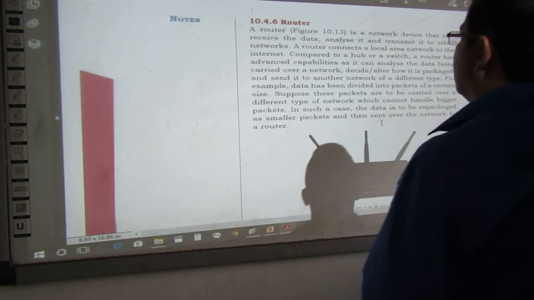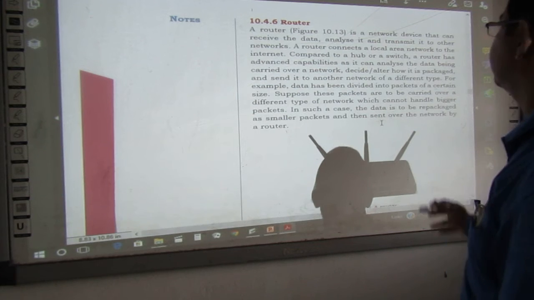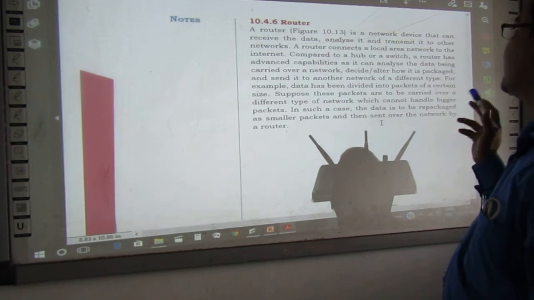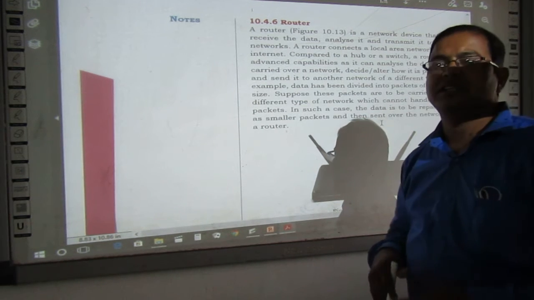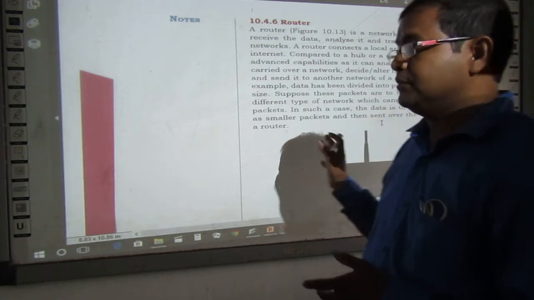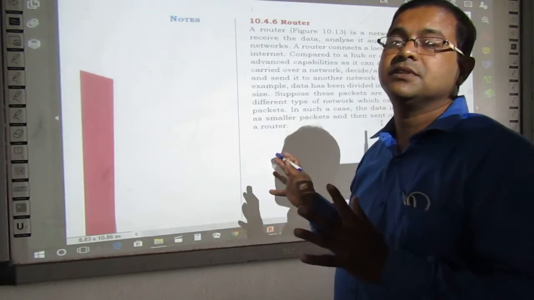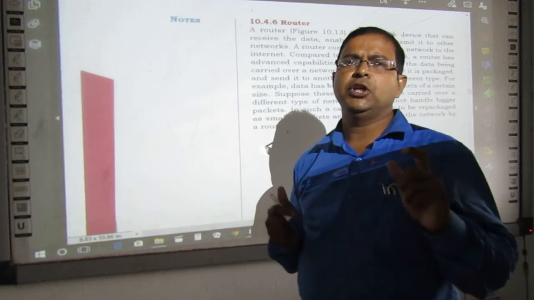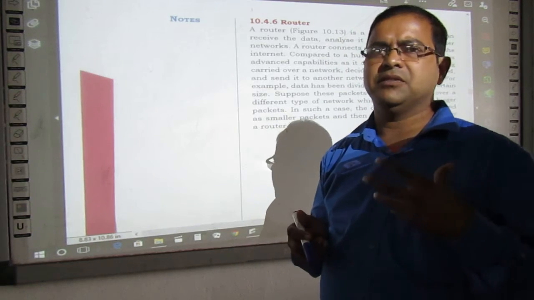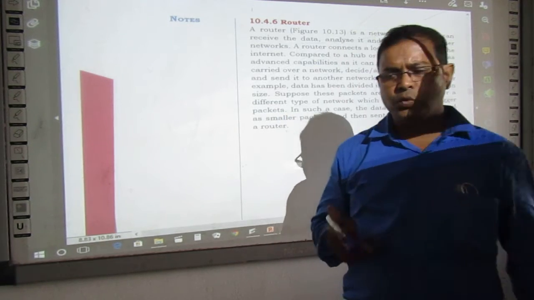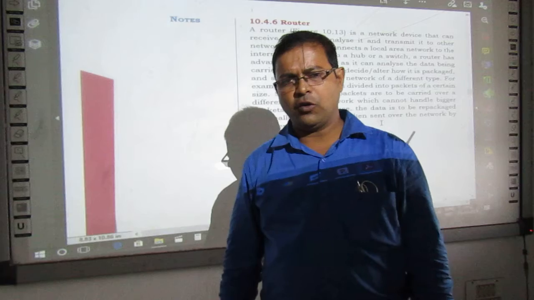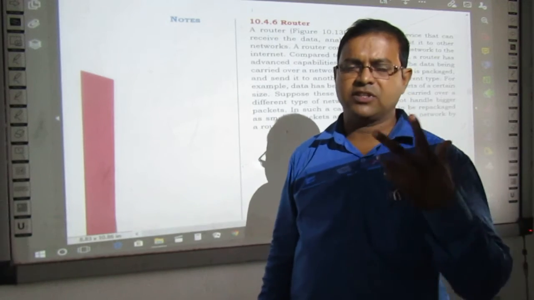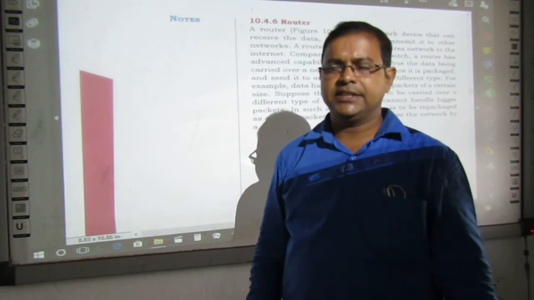Then come to the router. The router is a network device that can receive data, analyze it and transmit it to different networks. The best facility of the router is that it can analyze the data. Suppose we have an optical fiber cable and we get 100 Mbps of network strength.